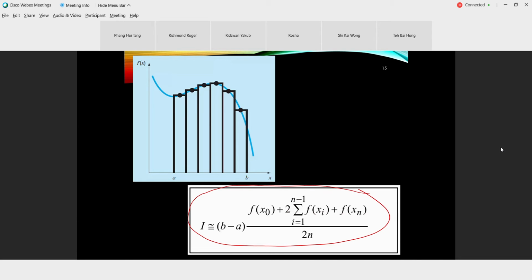So first, the integration total value is approximate. So this is an approximation value.